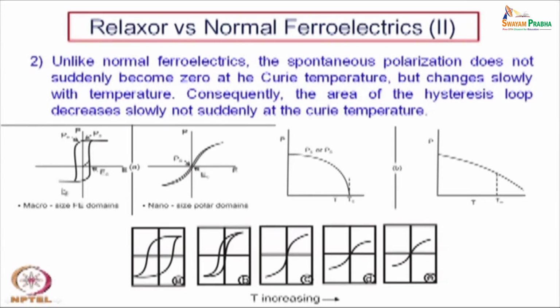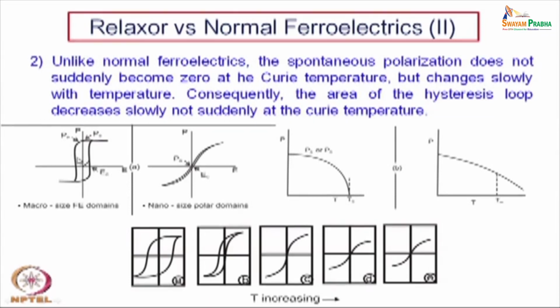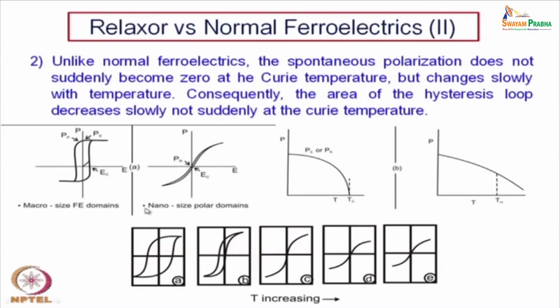What do the hysteresis loops look like? They are much broader for the normal ferroelectric like this. Of course, this looks like a square loop hysteresis, not necessarily square, but the coercive field is large and there is a very distinct remnant polarization here. Compared to that, a relaxor ferroelectric also has a hysteresis loop, but it looks quite different.